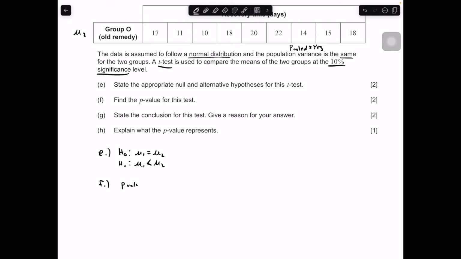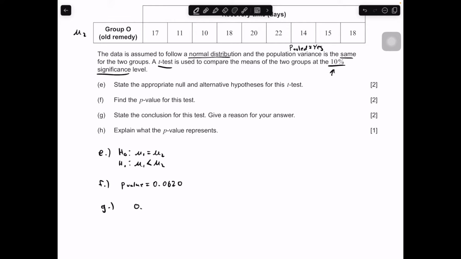P-value is equal to 0.062 to 3 significant figures. G, state the conclusion for this test, give a reason for your answer. So it doesn't ask for context, it just asks for reject the null hypothesis or fail to reject the null hypothesis. So significance level is 10%.